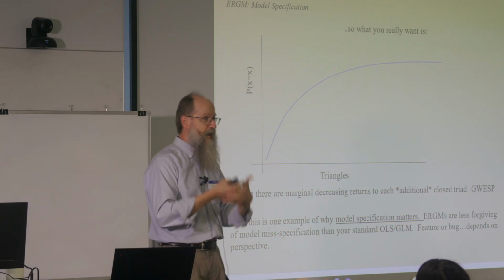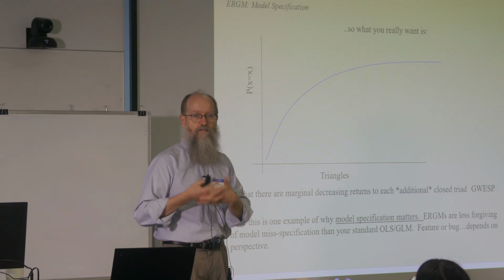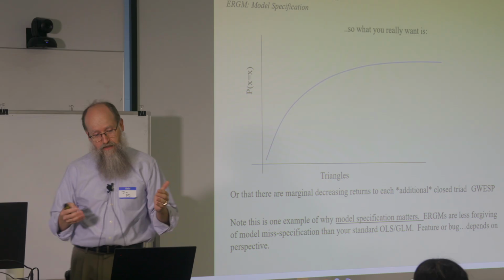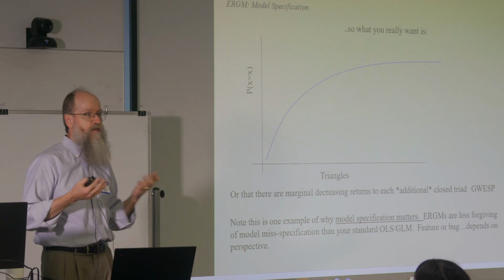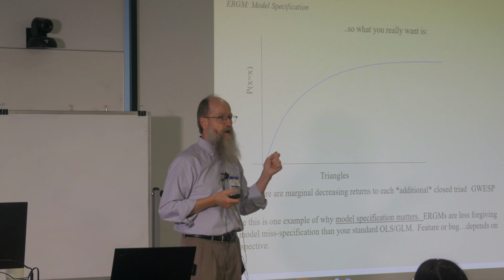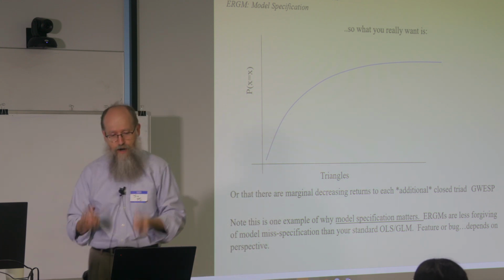What that means for you as an analyst is that our intuition from OLS, from general linear additive models, where it doesn't really matter if I have a hump in the middle somewhere, and a straight line's close enough for government work, doesn't hold. In this case, it's not close enough. These models will go off the rails if you misspecify them, so they have to be specified properly.